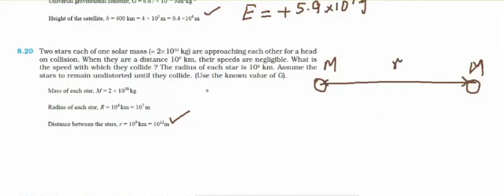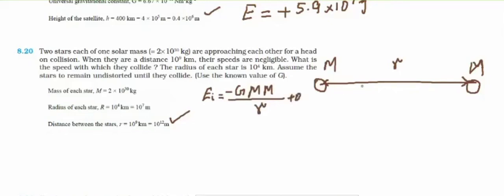So how much is the initial energy? Initial energy E_i is equal to minus G m m, remember both the m's are same, so it becomes minus G m square divided by r. That is the initial potential energy, and kinetic energy is 0 there.